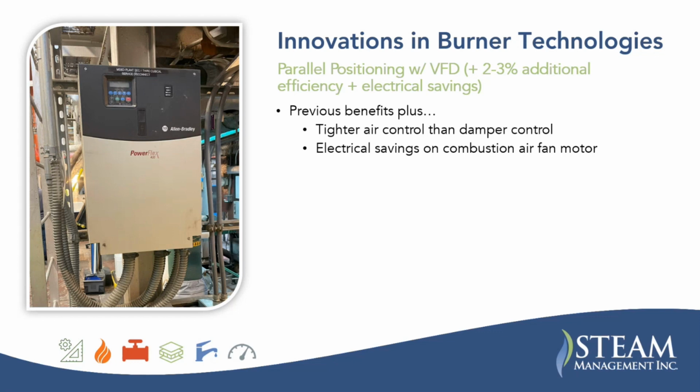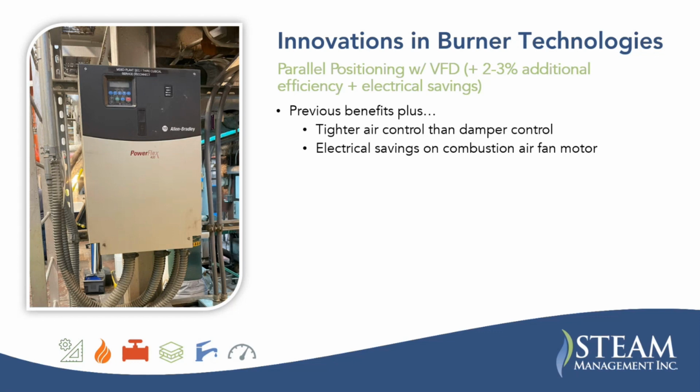The next level of technology is parallel positioning with a VFD. This is basically the same idea, but you're controlling the combustion air by controlling your combustion air fan motor speed with a VFD. So instead of dialing it back with a damper, you're turning down the speed of the motor and dialing the air back.